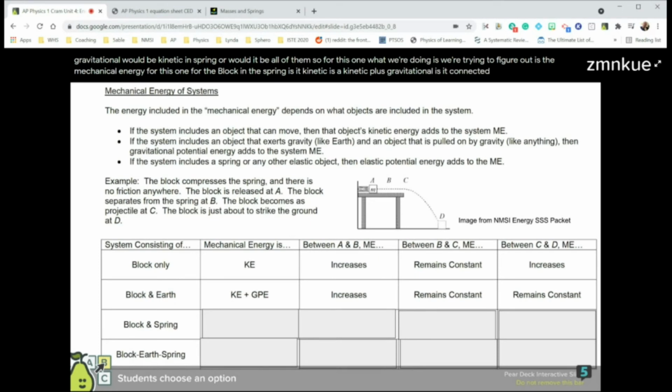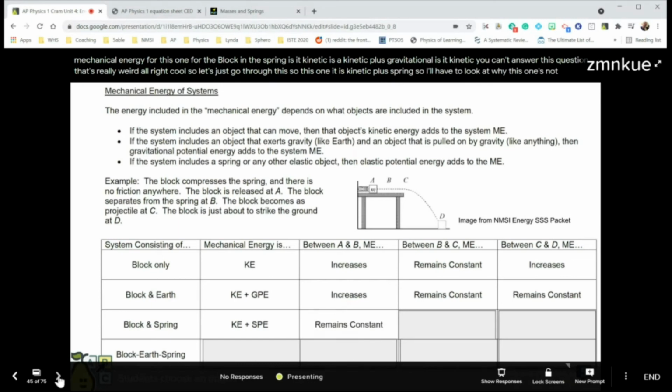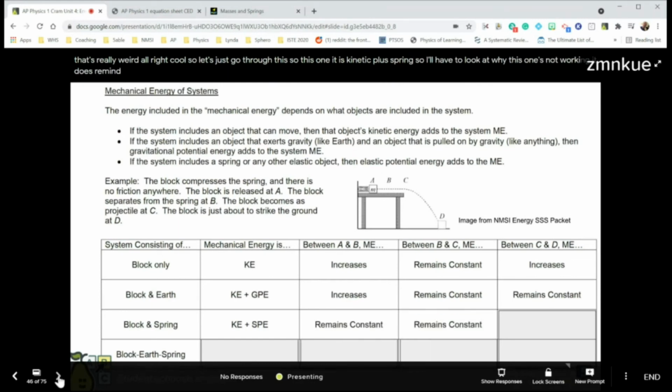It seems you can't answer this question, which is really weird. All right, let's just go through this. It is kinetic plus spring. I'll have to look at why this one's not working. It does remain constant all the way through, but it increases between C and D.